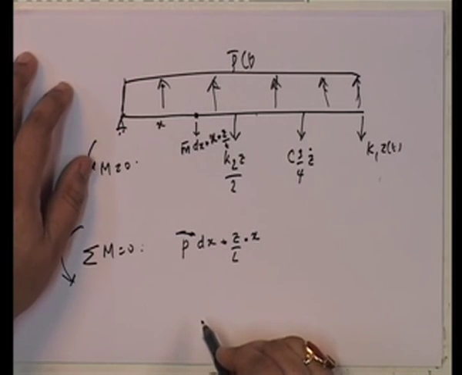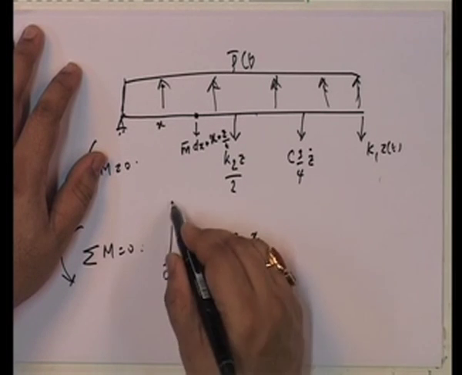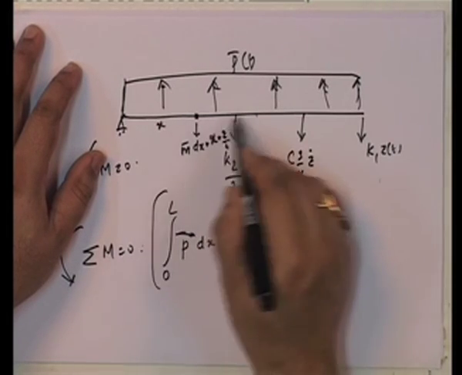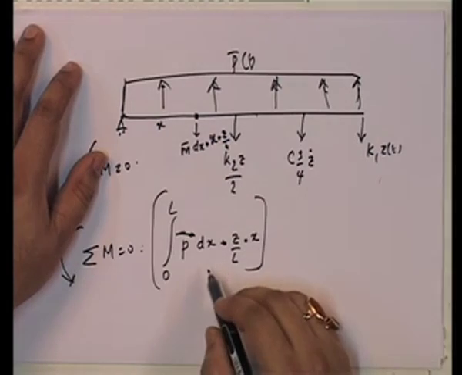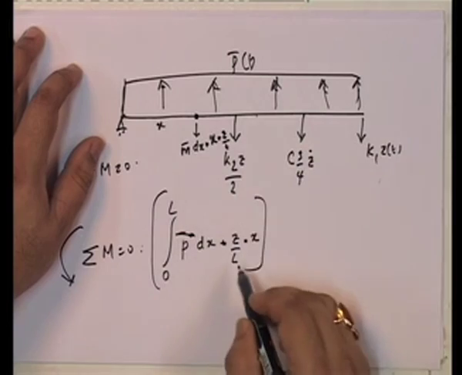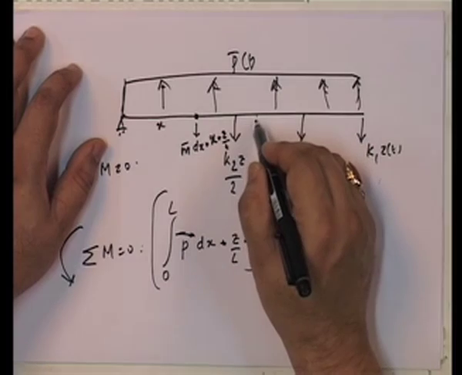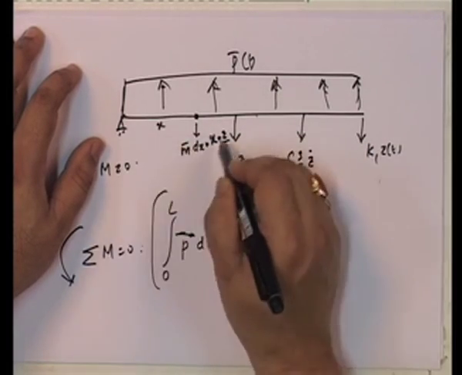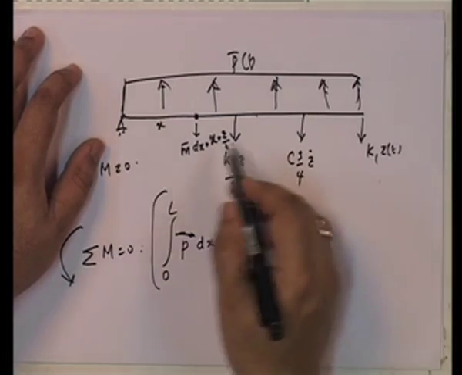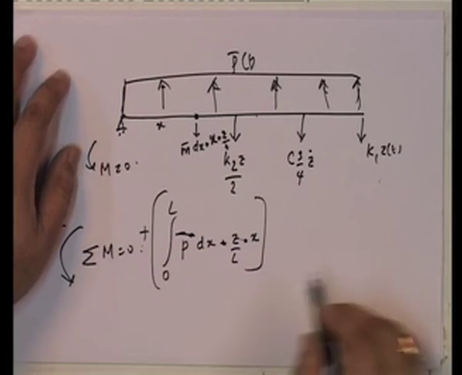That is what I have here. And that integrated from 0 to L is my first term. That represents the moment due to this. P bar dx is an infinitesimal load, and the moment by that infinitesimal load P bar x dx is going to be equal to x into z by L, and that moment is anticlockwise positive. So, this is plus.